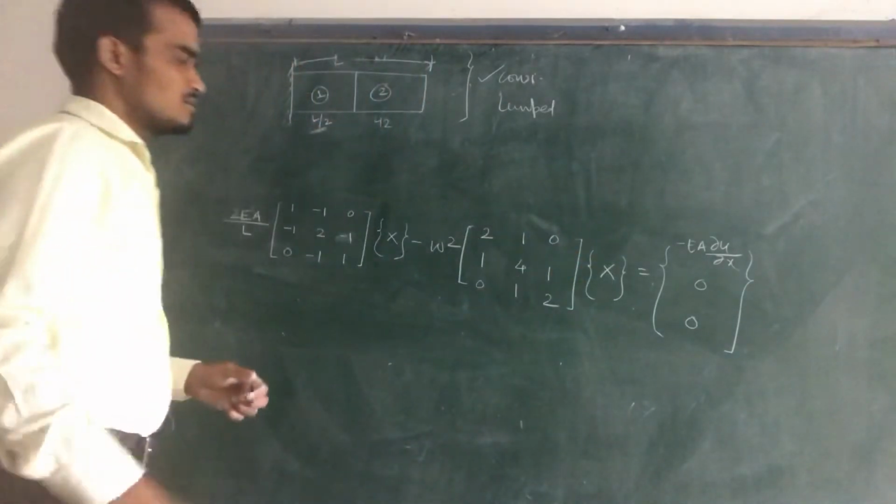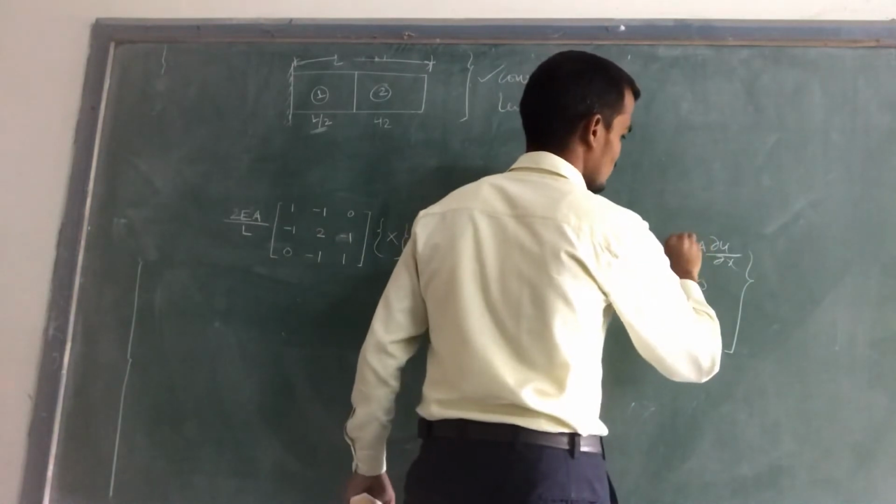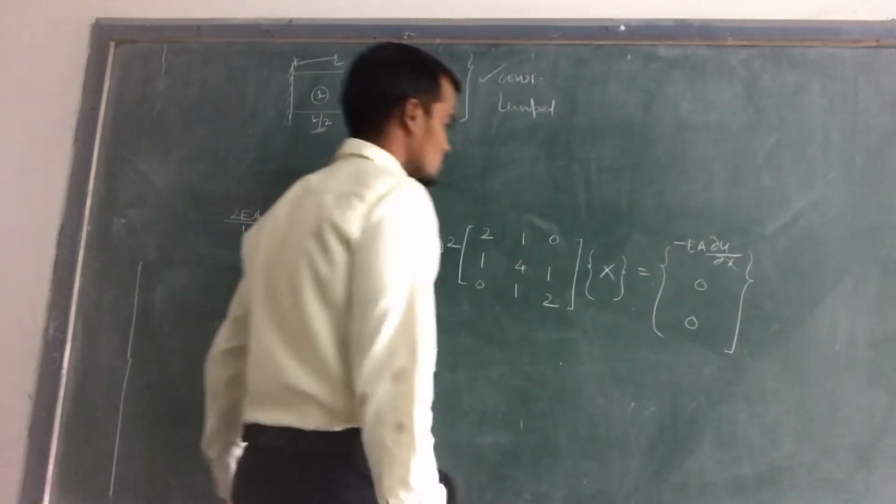So by applying the boundary conditions, we need to eliminate this first row and first column, because the first value is unknown.